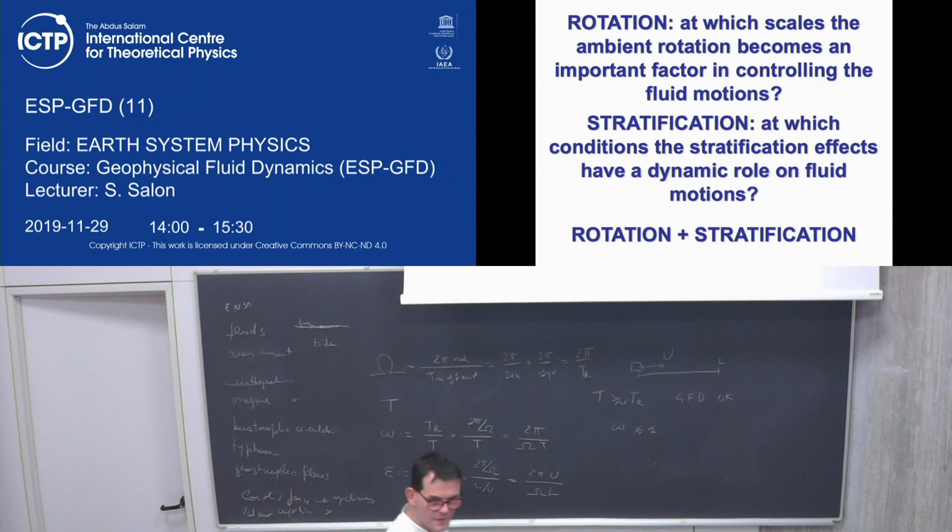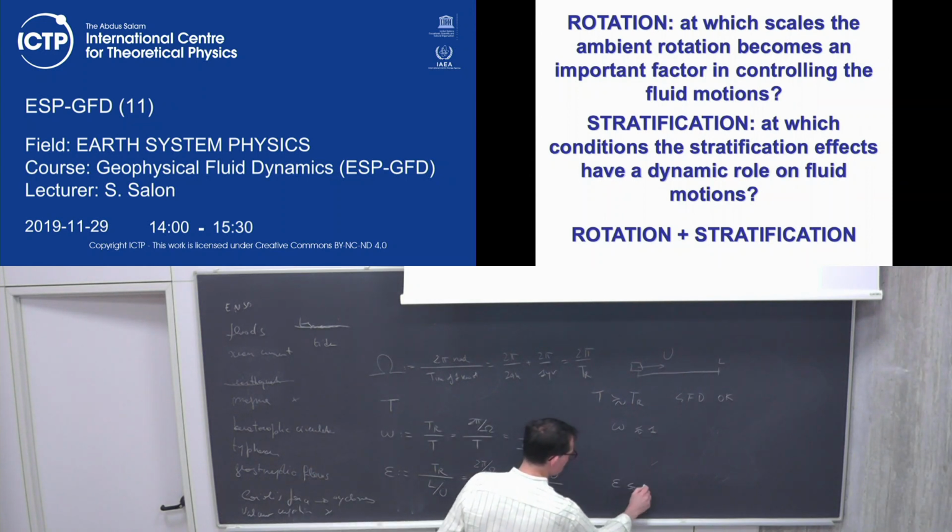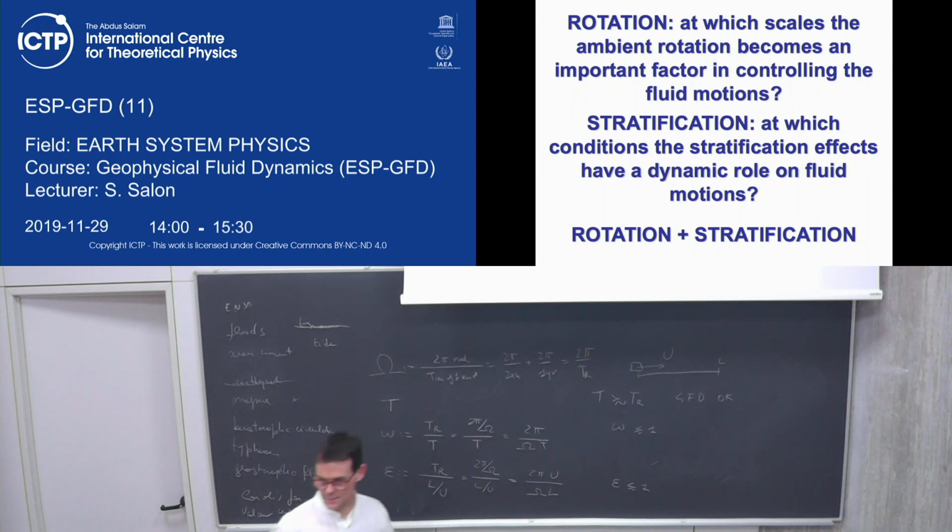So dissipation in the atmosphere is stronger, for some reason, than in the ocean. Similar here. So if we want GFD to be okay, this time scale will be larger than this one. So also epsilon should be smaller than 1. Okay? So the first question is at which scales blah blah blah.